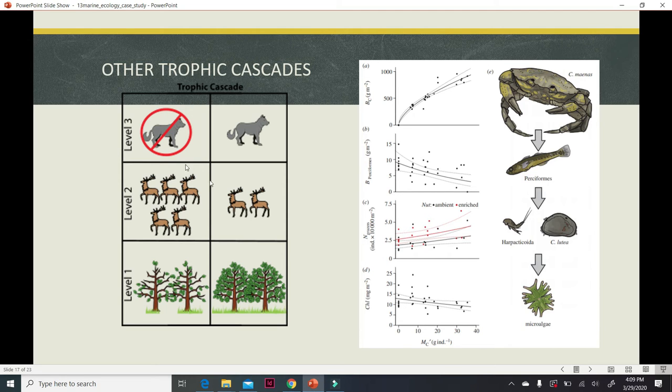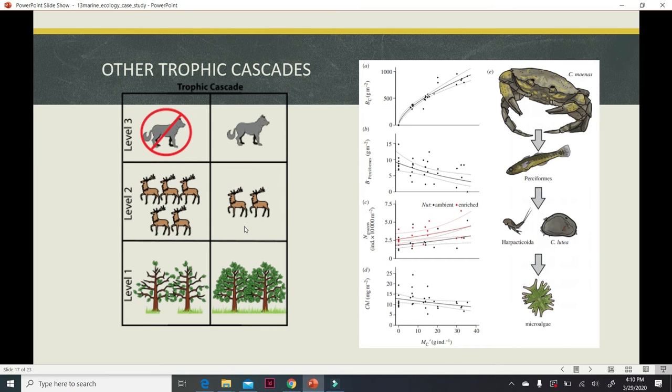So when you have a lot of elk who are kind of doing whatever they want, they eat a lot of these willows and aspens. So they eat a lot of woody plants. So the forest is kind of sparse, right? So when you have a trophic cascade in Yellowstone National Park, they reintroduced wolves to Yellowstone National Park. All right, and when you reintroduce wolves, not only do they prey directly on elk, meaning the numbers are smaller, but those elk also have to behave more stealthily.